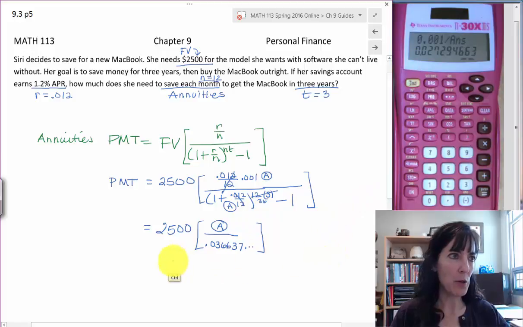So right now I know that my payment is equal to 2,500 times 0.0272, and it goes on.